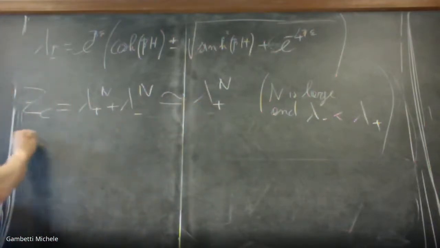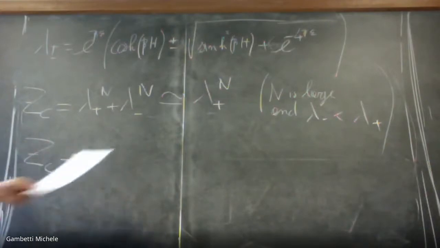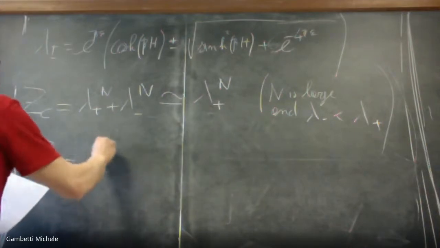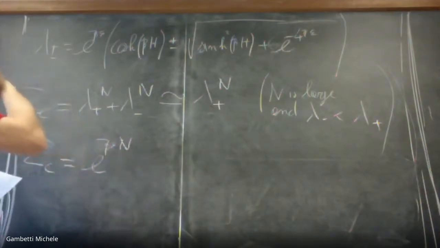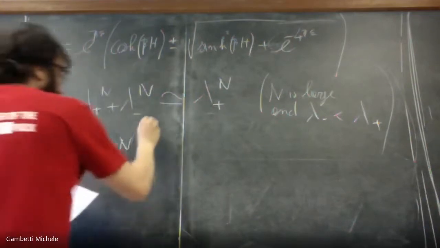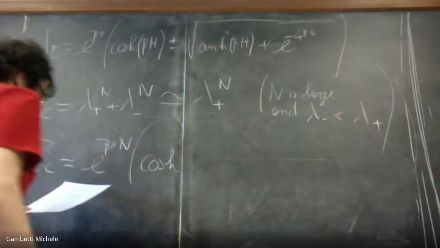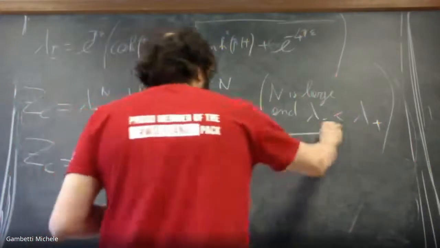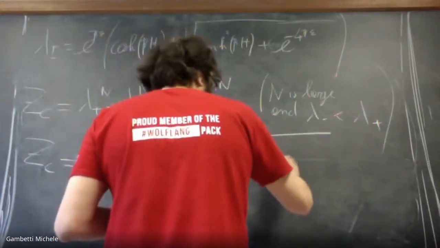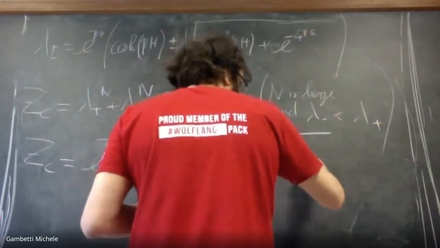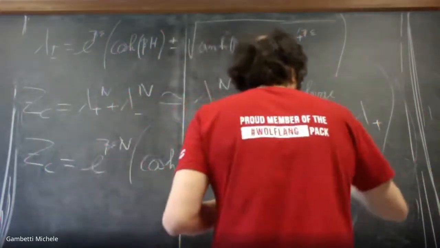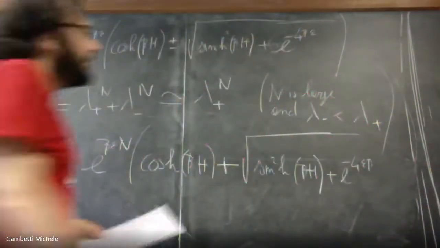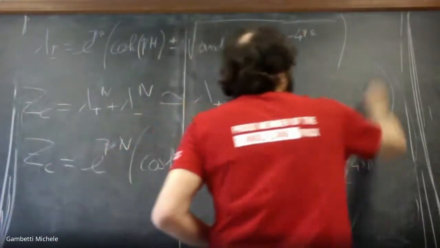So then I can conclude that Z of C, since I have the formula for lambda plus to the power of n, is just e^(beta epsilon n), which comes from this, times the hyperbolic cosine of beta H plus the square root of sinh squared of beta H plus the exponential of minus 4 epsilon beta, and this always to the power of n.